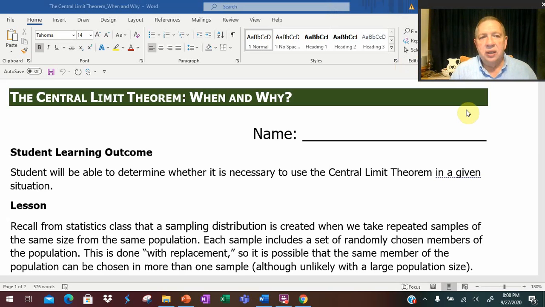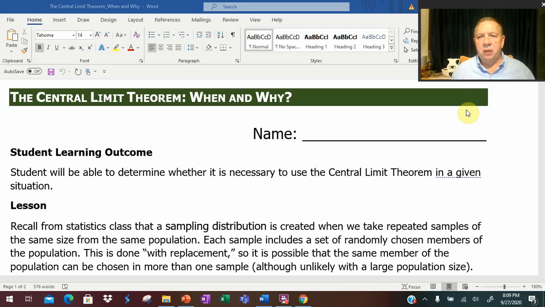Today we're going to start talking about the central limit theorem, mixed in with chapter 6 normal distributions. There are going to be times that we have to either use the straight normal distribution, here's a number x and I want to find the probability of less than.